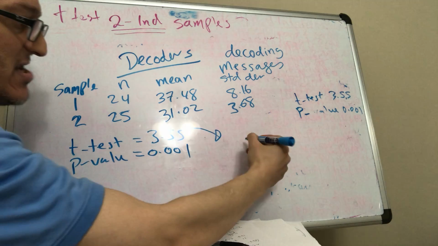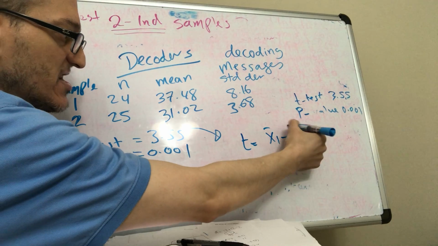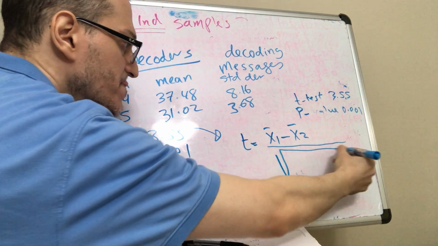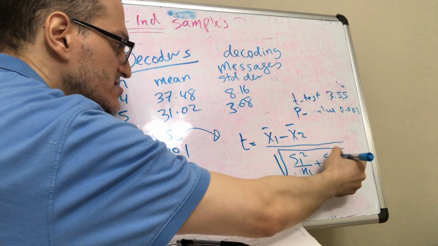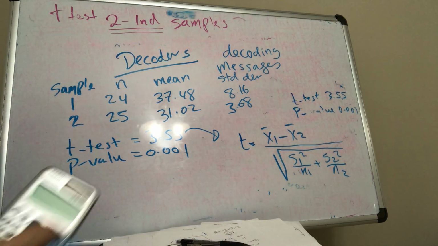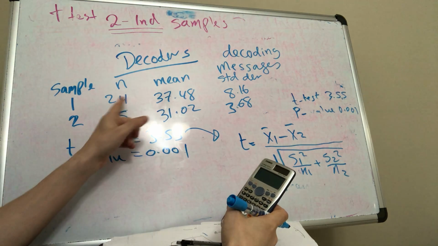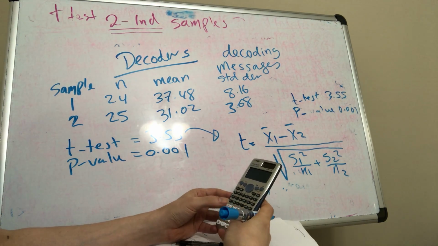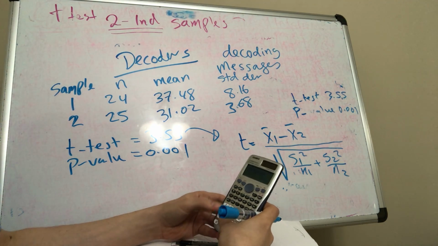The formula to calculate this is average group 1 minus average group 2, over the square root of standard deviation 1 squared over n1 plus standard deviation 2 squared over n2. So I take my calculator, fraction, average group 1, 37.48, minus average group 2, 31.02.